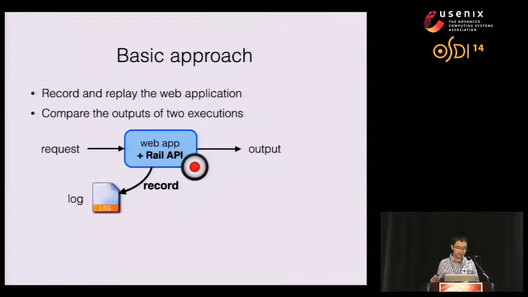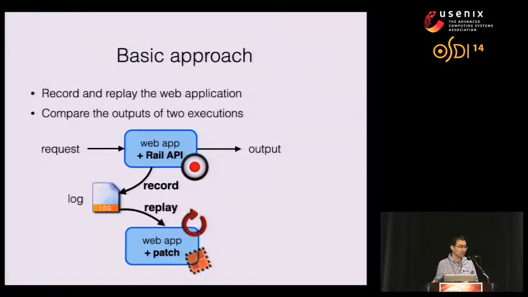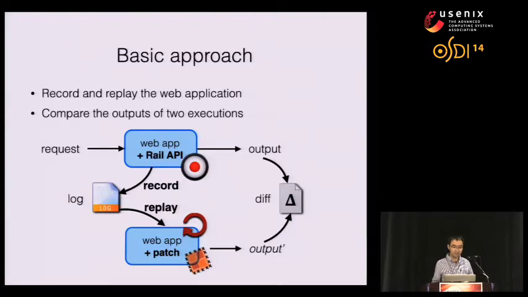And then later, the administrator may patch the code and restart the application in replay mode. And Rail will replay the application based on the information in the log and generate a potentially different output. Finally, Rail will compare the two outputs and report any difference.